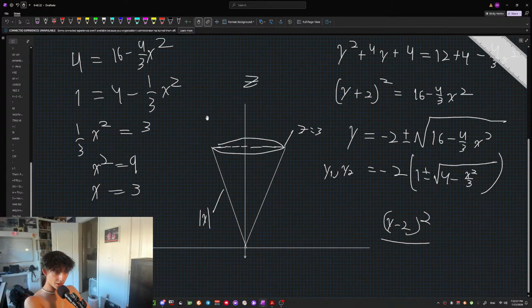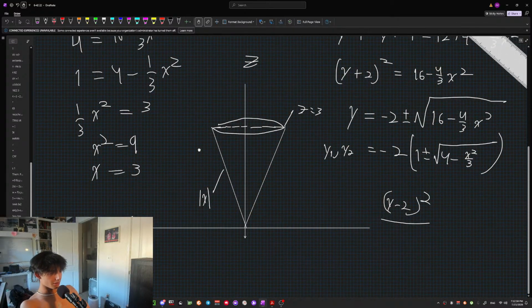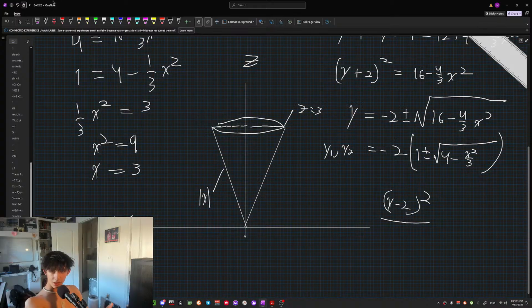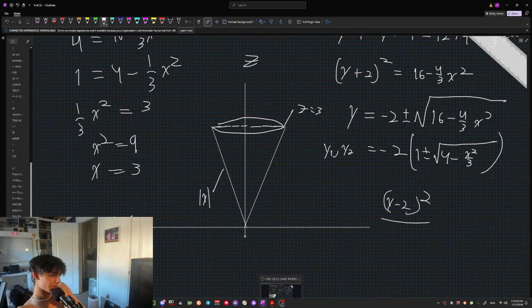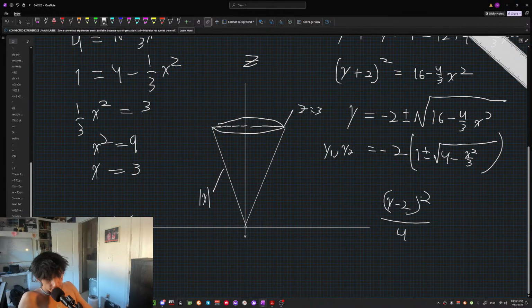Yeah, because z equals the radius. So if z equals 4, then the radius, the biggest y has to extend out to be 4. Or no, 16.